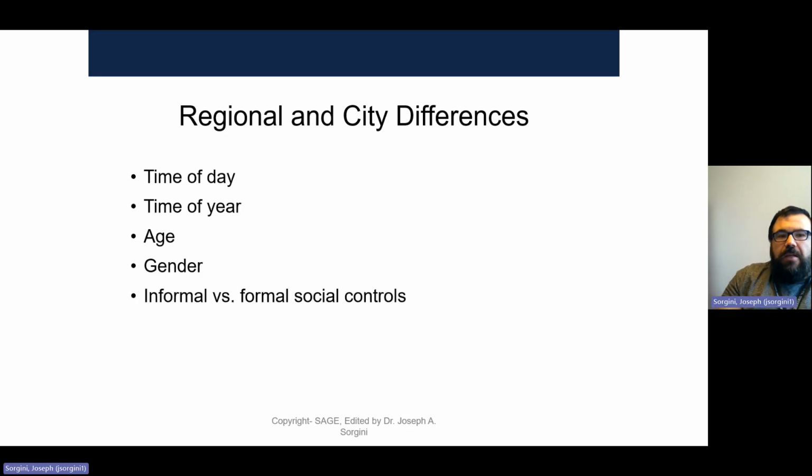We also look at things like the time of day. As a matter of fact, when we're talking about time of day, let alone time of year, we're entering into a time period, when this lecture was being recorded, where we're entering into spring. So as the temperature starts to turn a little bit warmer and nicer, we expect the crime rate to go up.